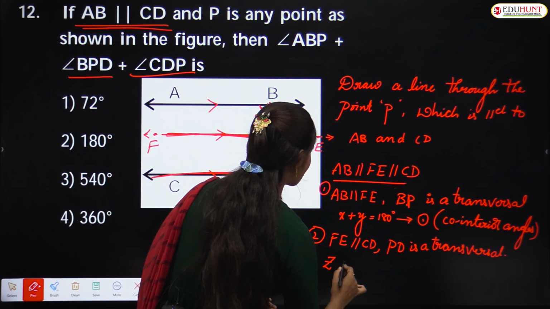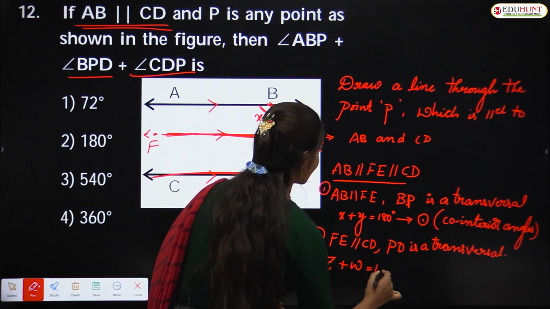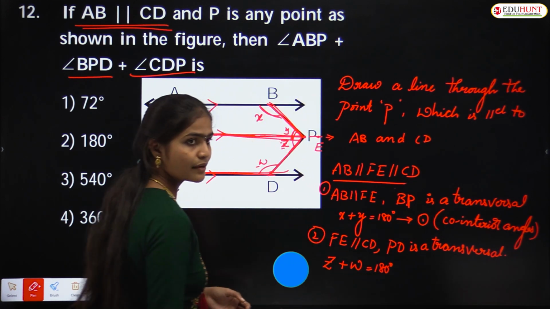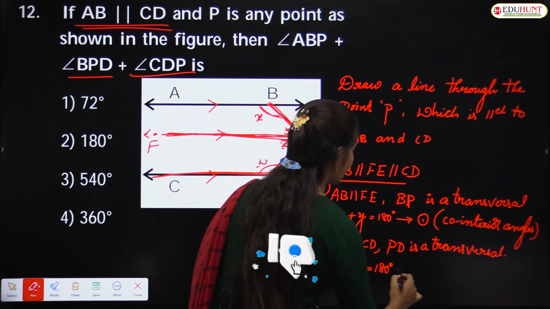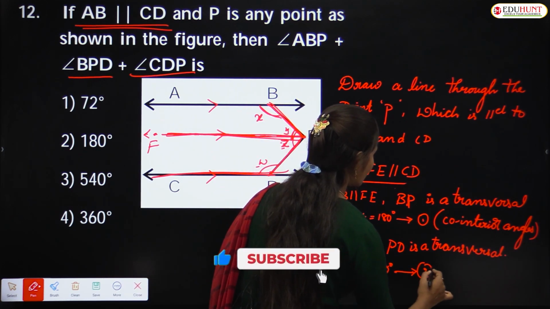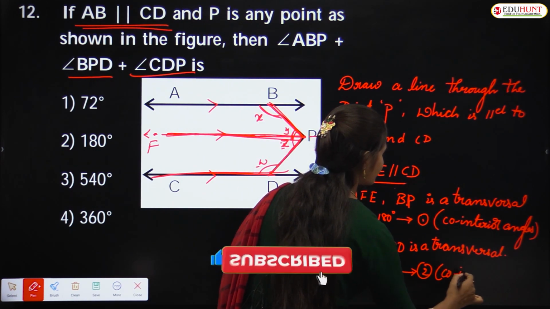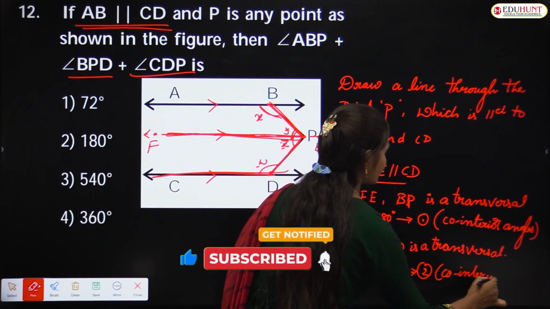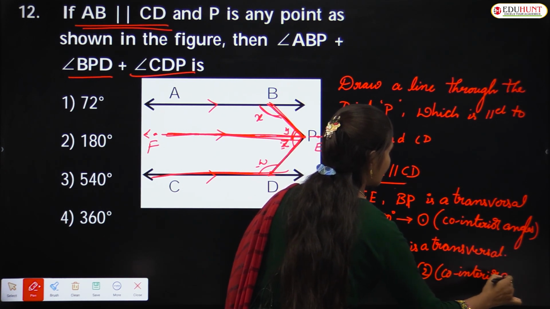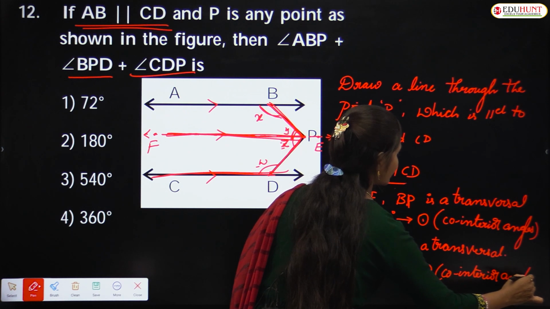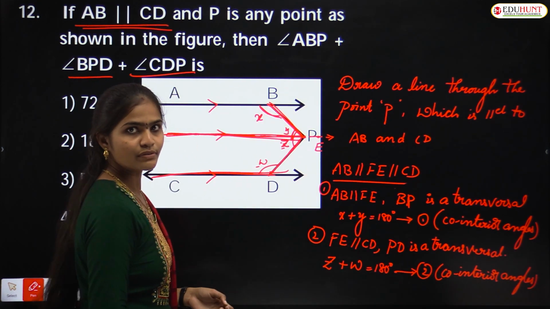So Z plus W is equal to 180 degrees. Yes or no? Again those two are co-interior angles. So this is equation number 2.